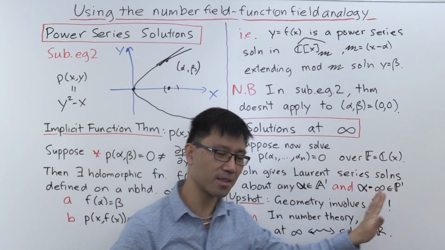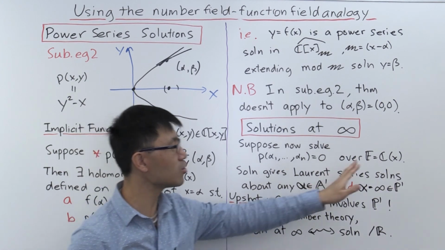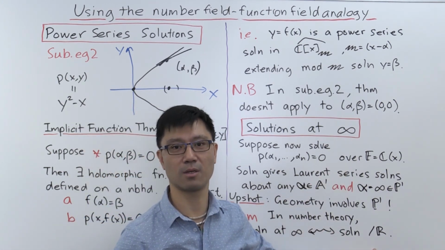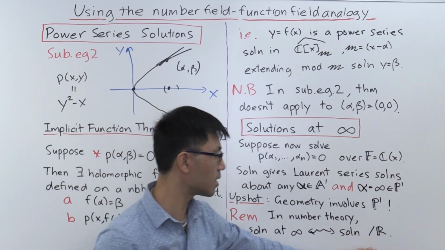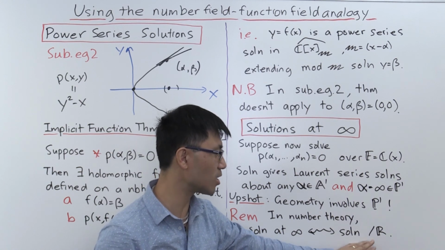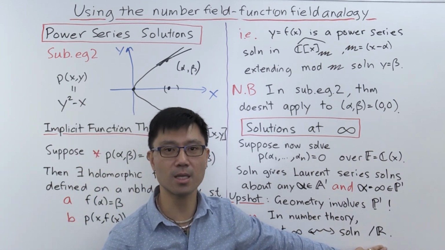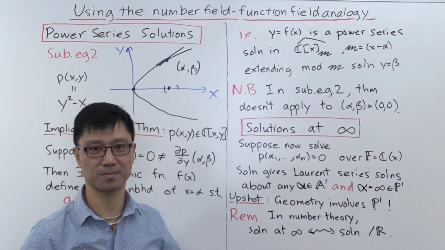Well, it turns out that there is an analogy for that as well. Given any rational solution, you also get a solution over the real numbers. And the correct way to interpret that, as the analogy unfortunately doesn't become quite so close, is that you should think of the solutions over the real numbers as like solutions at infinity.